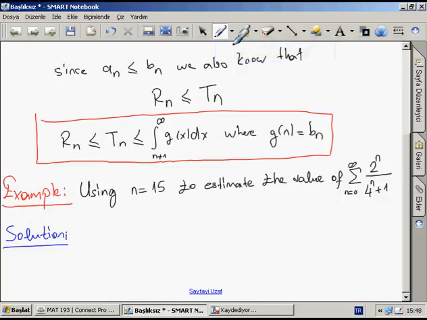My friends, to do this we will first need to go through the comparison test so we can get the second series. We need now a second series, okay?